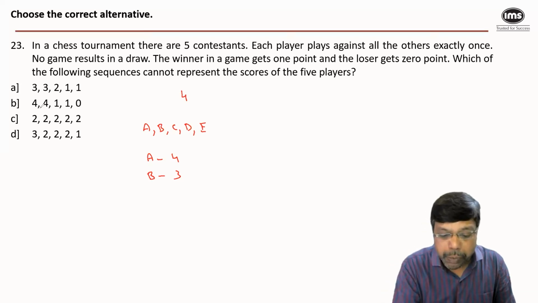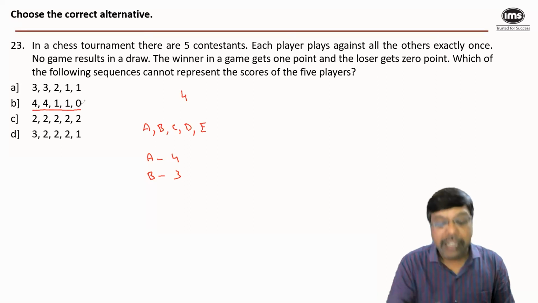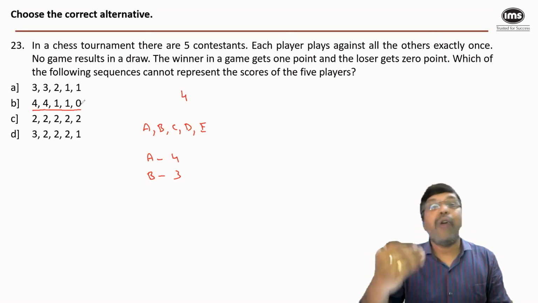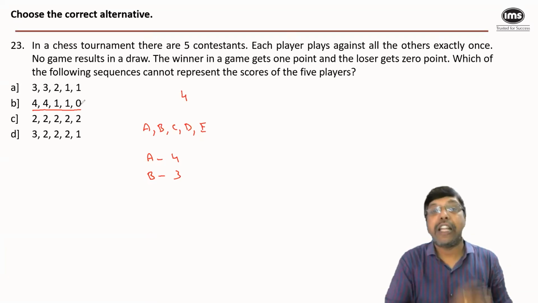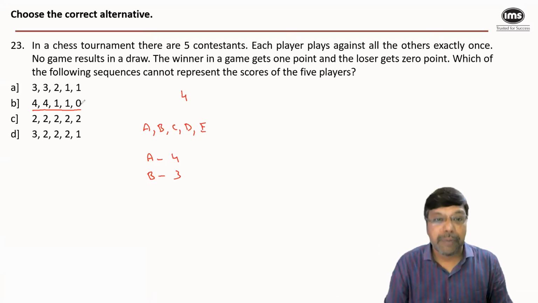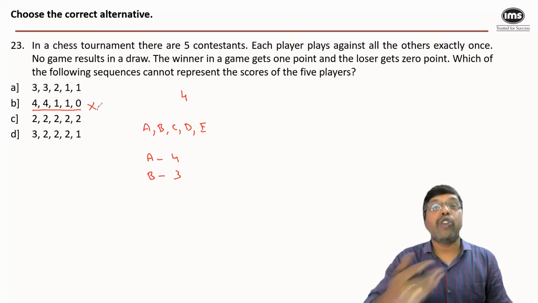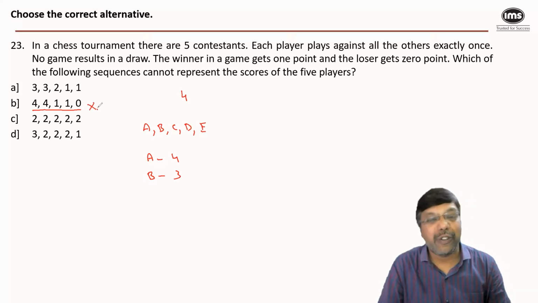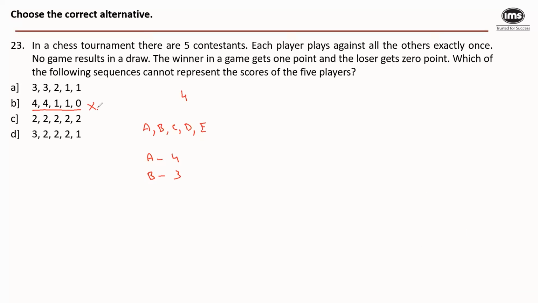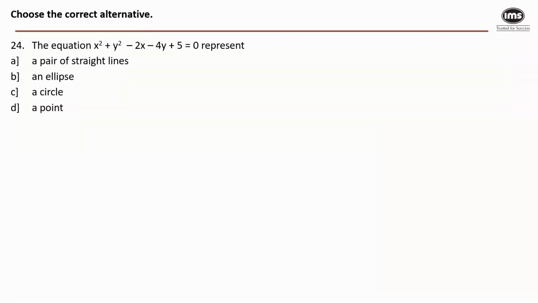Whereas answer option B shows that there are 2 players who ended up with 4 points. That's practically not possible. Hence, option B cannot be the scores of the 5 players at the end of the tournament.